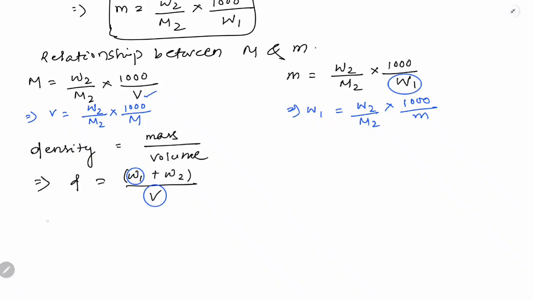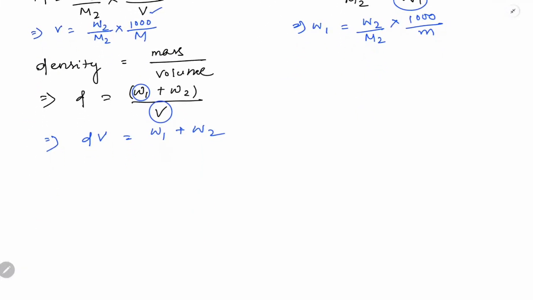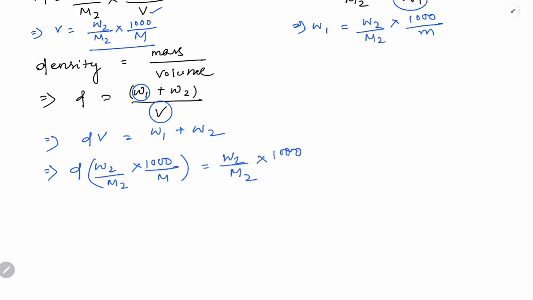Now putting the above values, what will I get? d V equals W1 plus W2. So d times V, W2 by M2 into 1000 by M, equals W1. Value of W1 is W2 by M2 into 1000 by m plus W2.